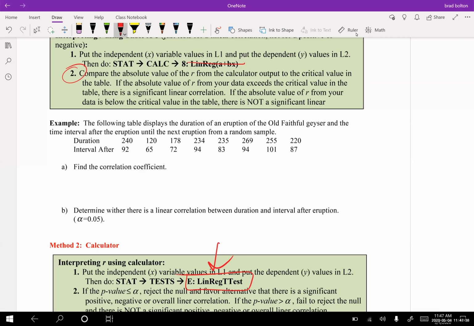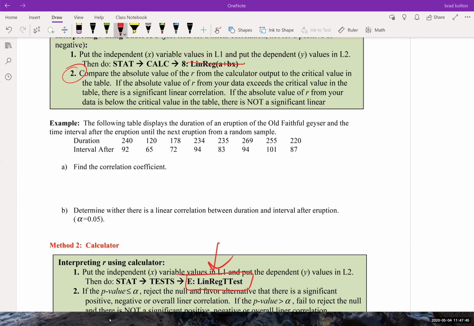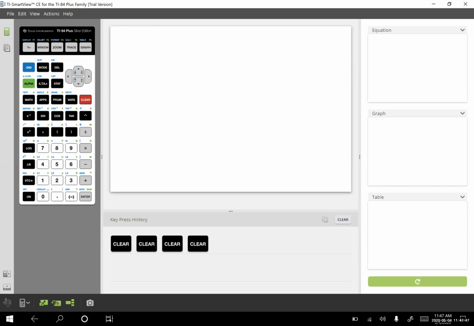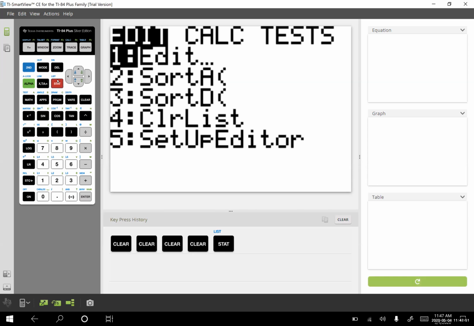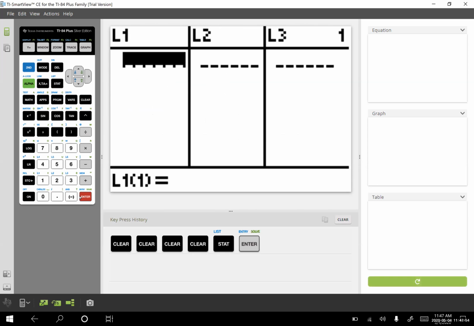So what we're going to do is we're going to take out our calculator, okay, and let's go into stat, okay, and let's go into edit, and let's build list 1.